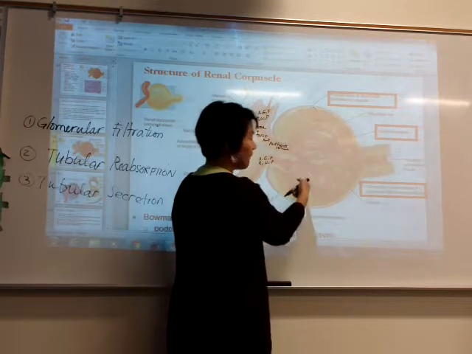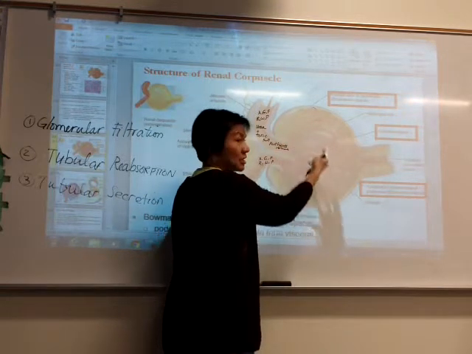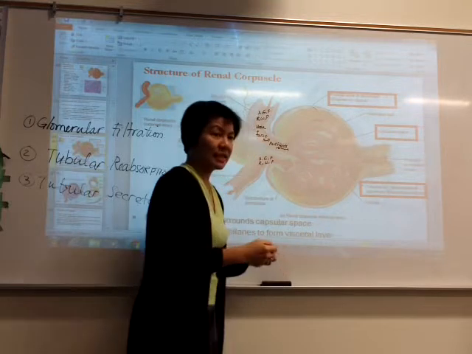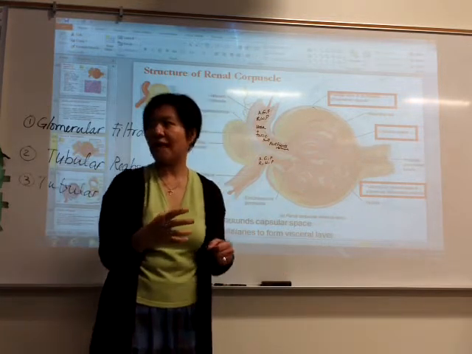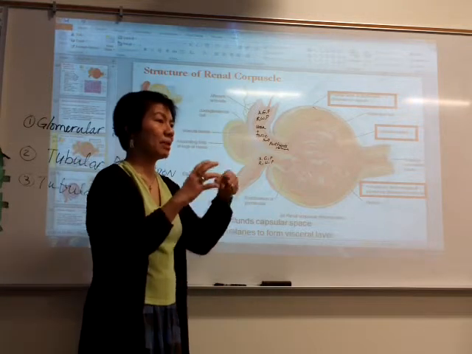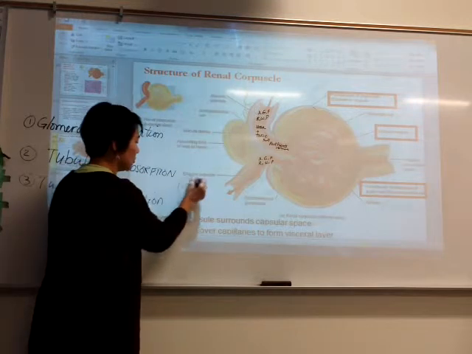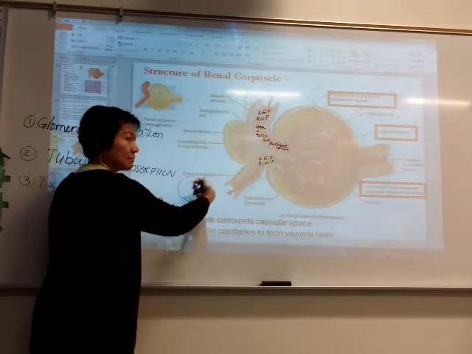Okay? This capsule, they just cut it, peel it open, the internal part, to show you how close they are. So I think the book uses the example of a balloon. If you have a balloon, and this is your hand, you squeeze that balloon, right?